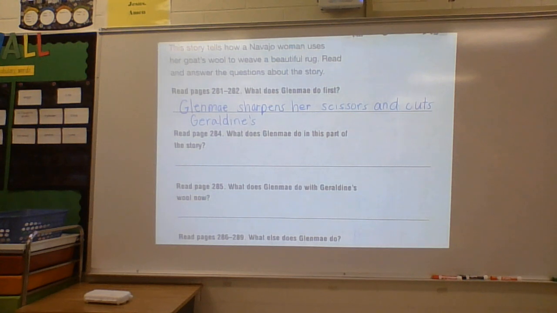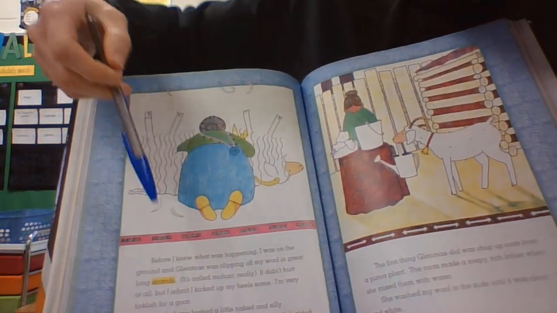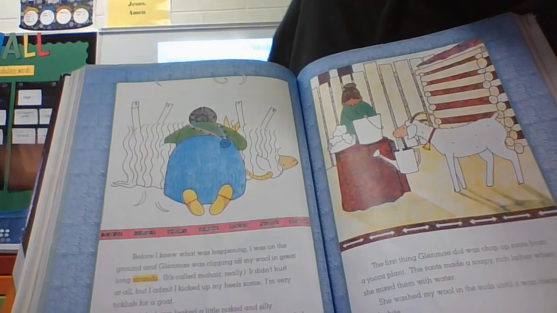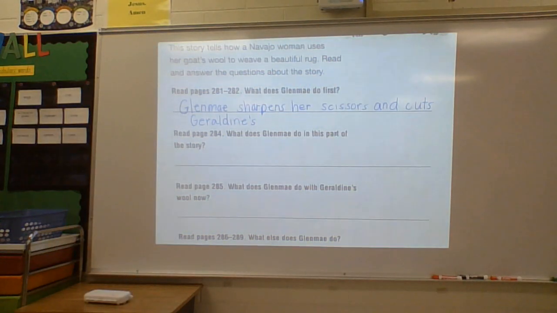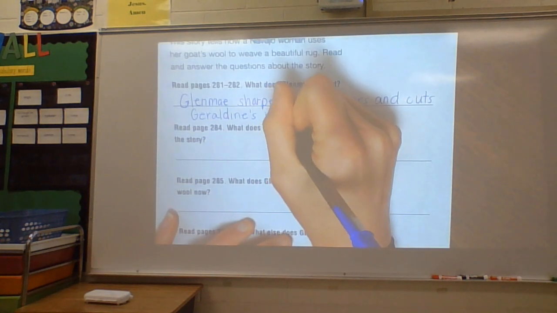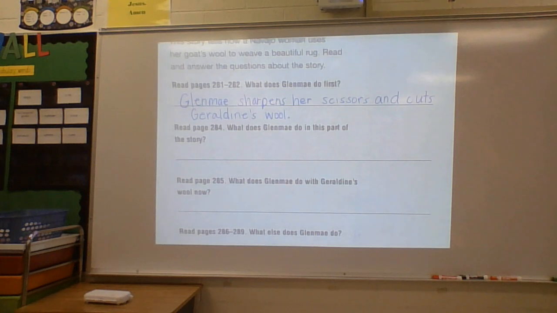And actually, one of the fun facts that Geraldine told us was that it's actually called mohair, but we can just call it wool. Period. Now I have a subject and a predicate, so I have my complete sentence there. All right, on to the next one.